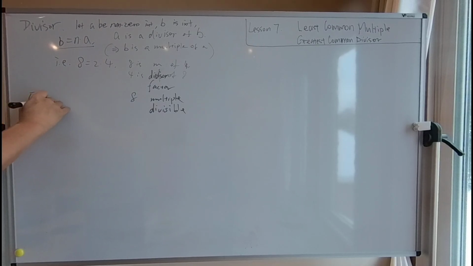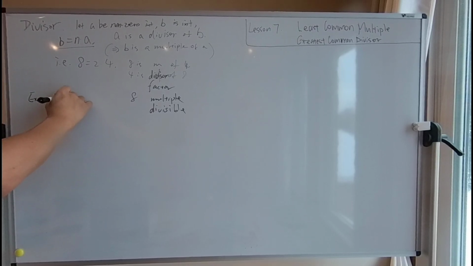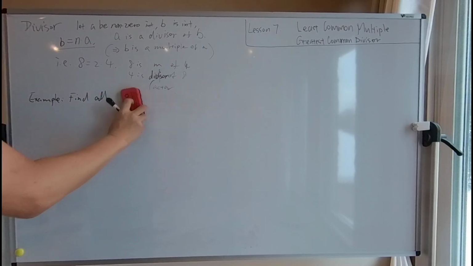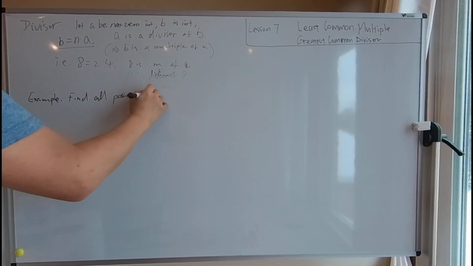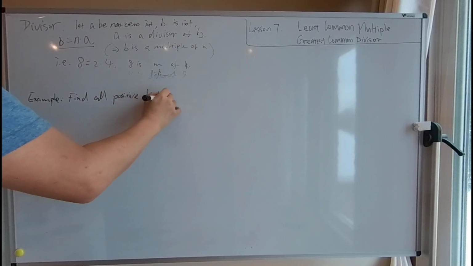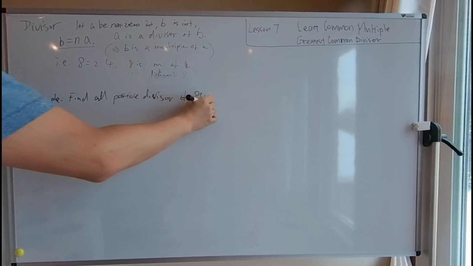So for example, let's find all positive divisors of the number 84.